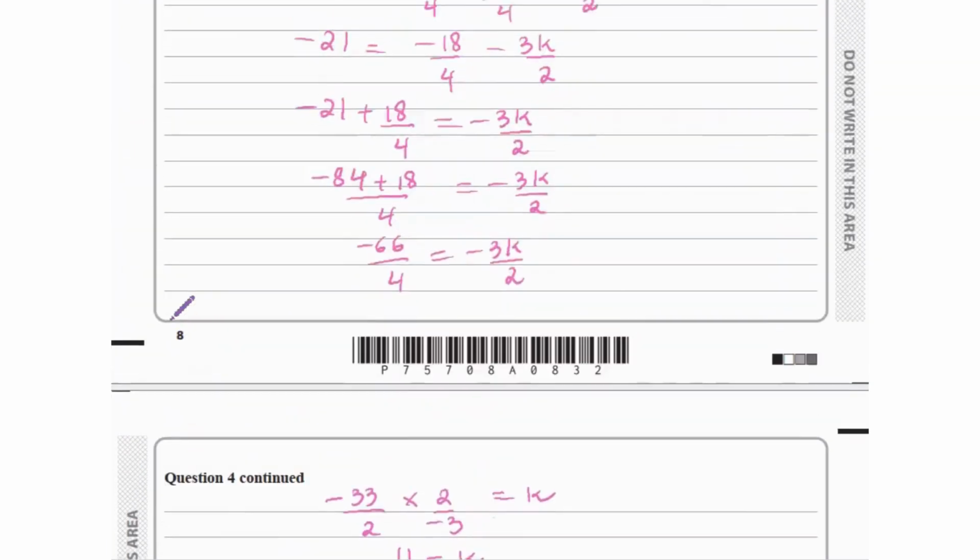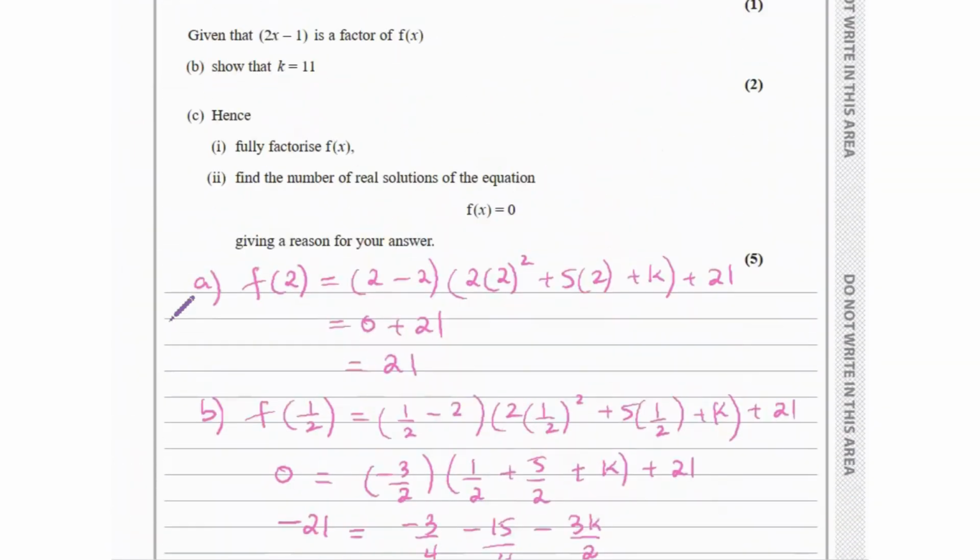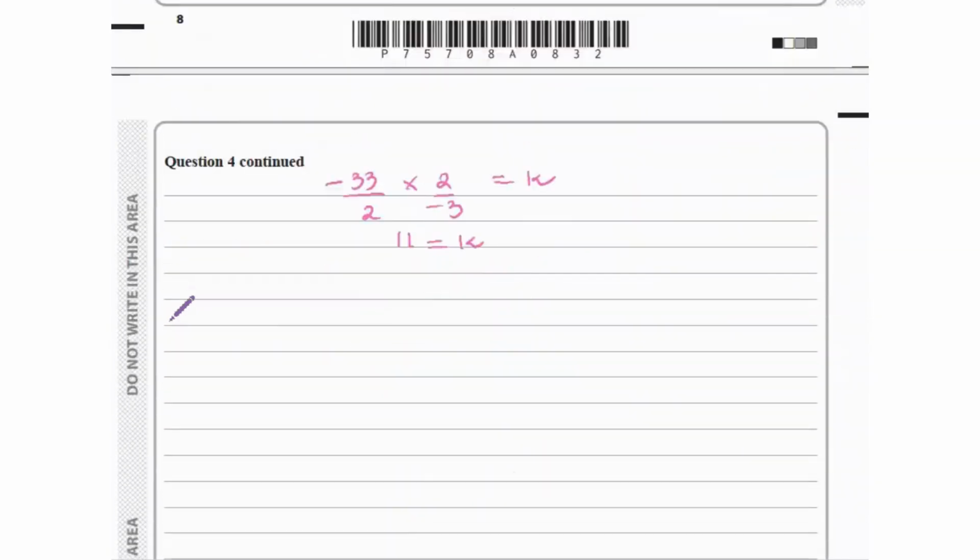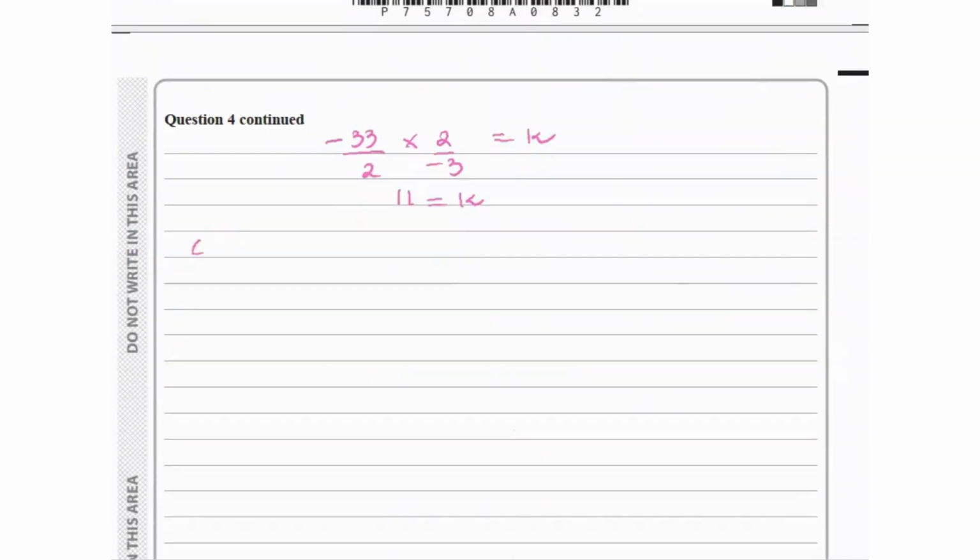Then in part C, they're saying that hence fully factorize f of x and find the number of real solutions of the equation f of x equals to 0, giving a reason for your answer. So the function firstly is going to be x minus 2 times 2x squared plus 5x plus 11, plus 21.